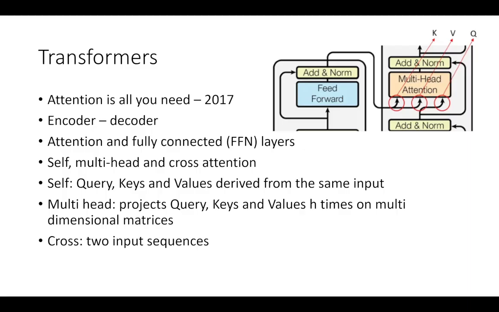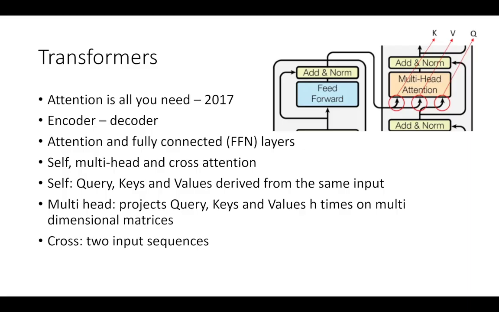So in the self attention, basically it has a query, keys and values derived from the same input, right? So it basically has a query. Now it says what are the important aspects of these queries, which are the keys, and what are the values of those keys, right? In multi-head, it projects queries, keys, and values h times on multi-dimensional matrices, right?